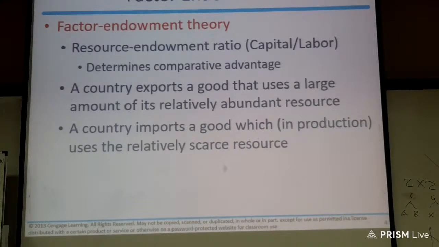So factor endowment theory, resource endowment ratio, capital labor ratio. So when I mentioned to you United States has more capital, we're talking about the capital to labor ratio. United States has K per L, which is large.